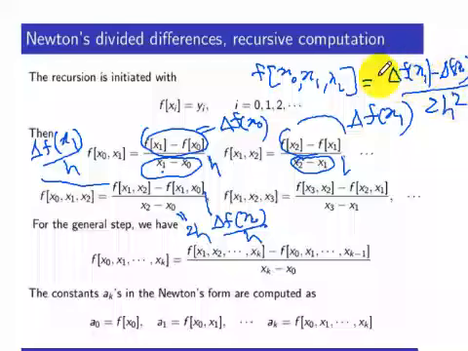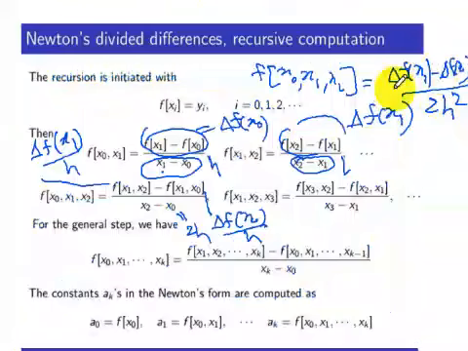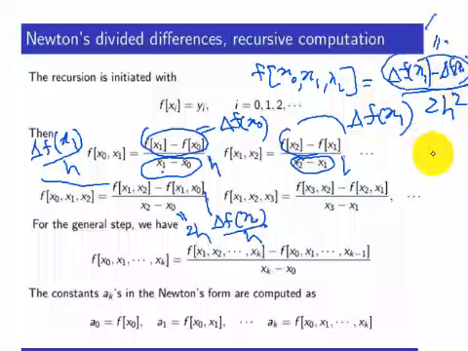So what is this one? Look at the definition here. Delta of f of x_{i+1} minus delta of f of x_i is equal to the second order forward difference of f of x_i, right? So this whole thing would be the second order forward difference of f of x0.